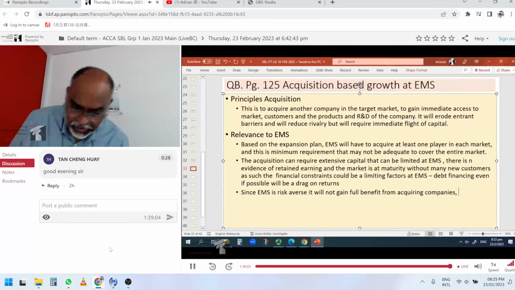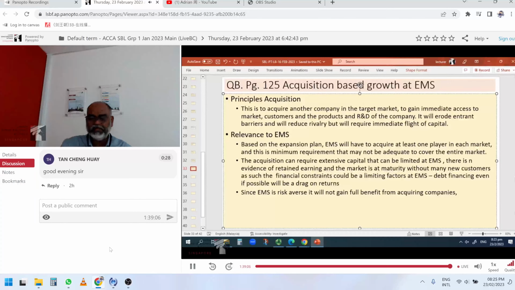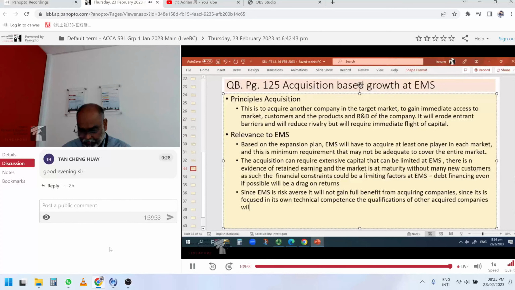Why will it not get full benefit from acquiring companies? Since it is focused on its own technical competence, the qualifications of other acquired companies will not be taken.